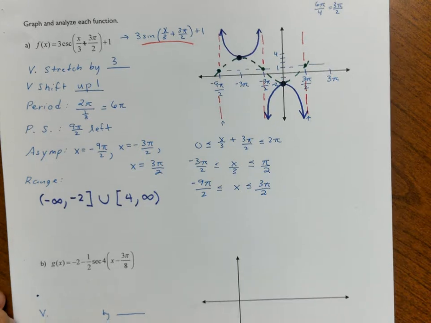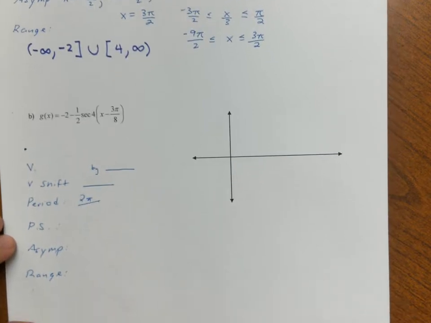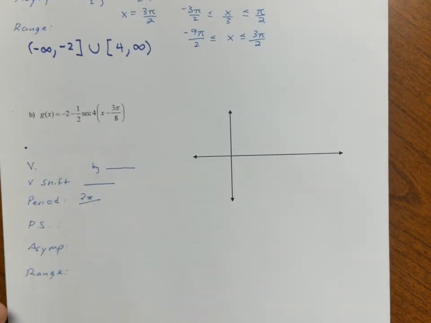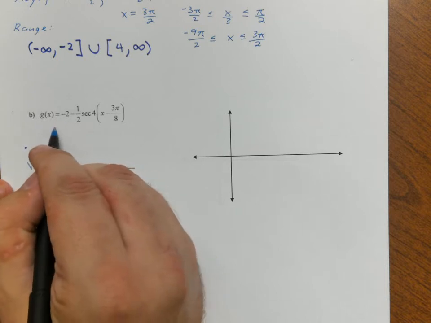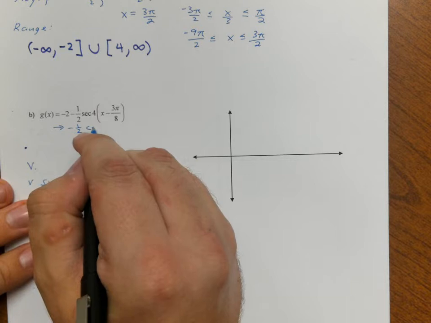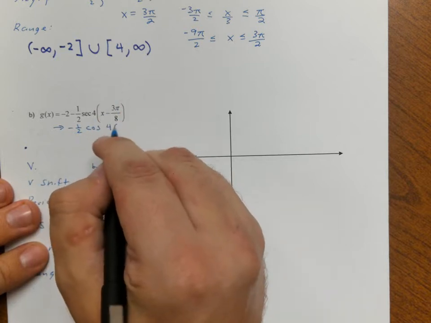If I want to graph a secant, let's try a secant now. So this is written in sort of a funky manner. We know we're going to think about the cosine, we're going to think about its reciprocal when we try and graph this, so I can worry about that. I'm going to rewrite it as a cosine and put it in an order that we would prefer.